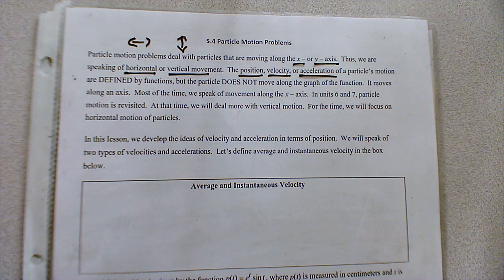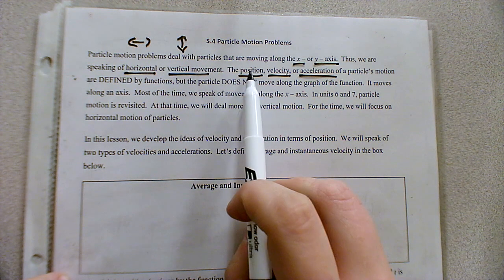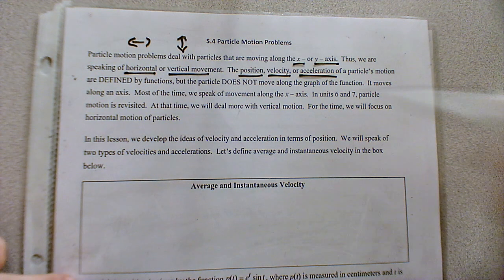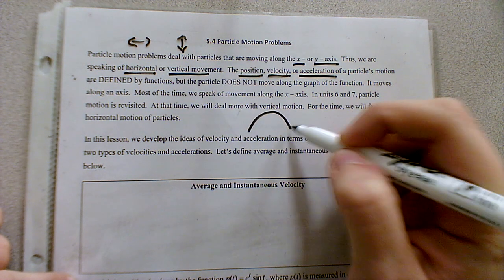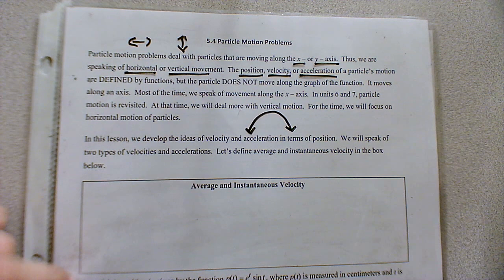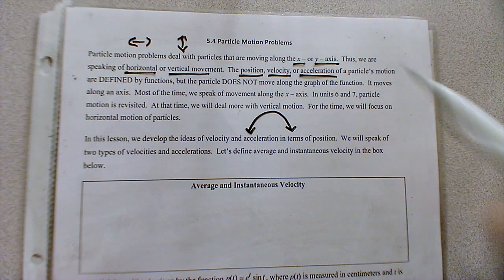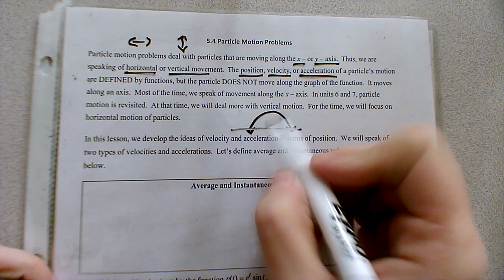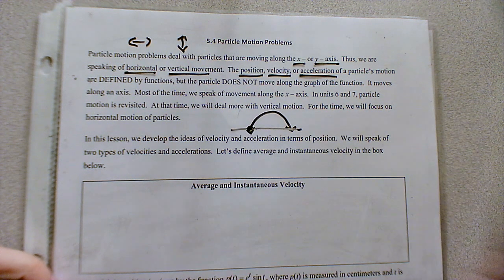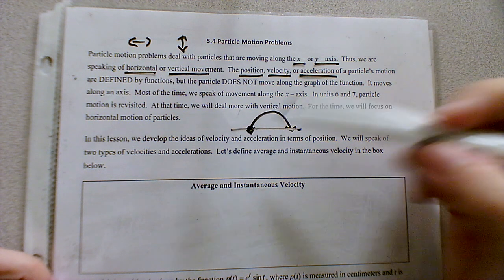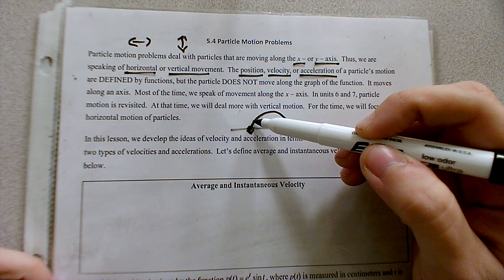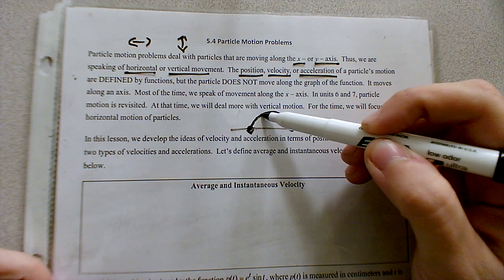When we start to look at graphs that represent position, sometimes those graphs could be parabola shapes. For instance, if you throw a ball up in the air, the initial position might be 0, or the basic height off the ground, and as you throw the ball up into the air, notice how the position increases.